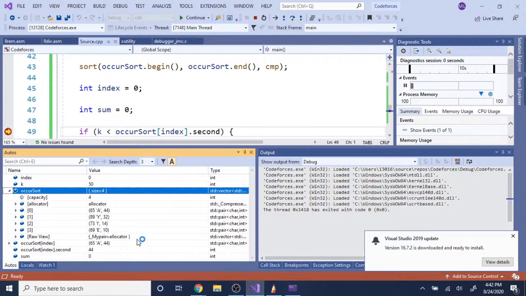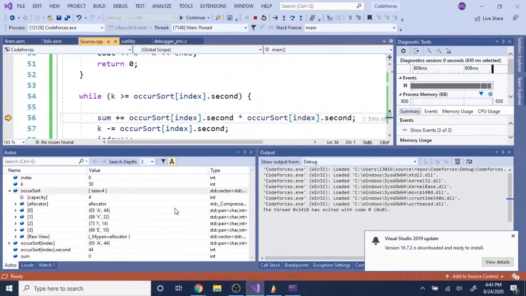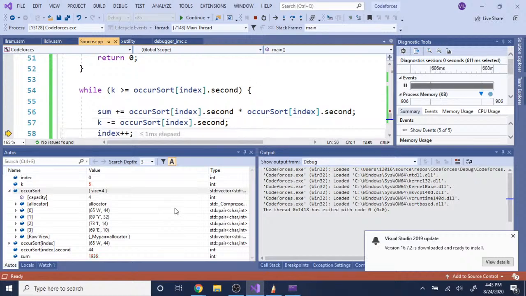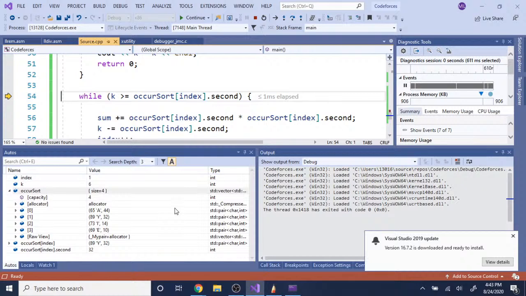44, 32, 14, 10. What is our K? Our K is 50. So it's going to do 44 times 44, and you're going to have 6 left. 1936. You're going to have 6 left.